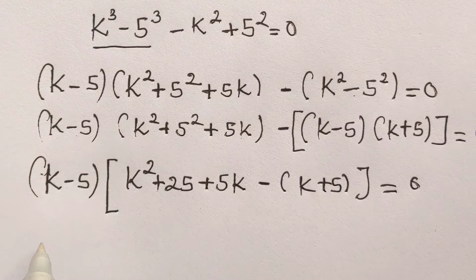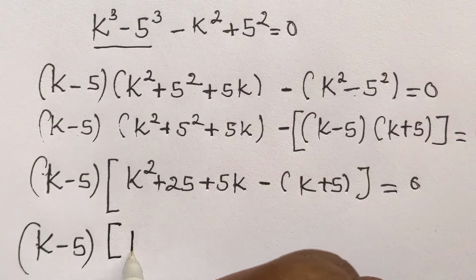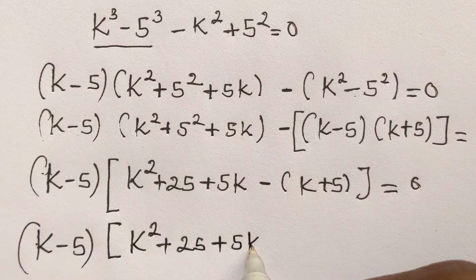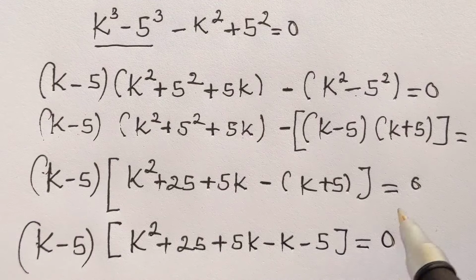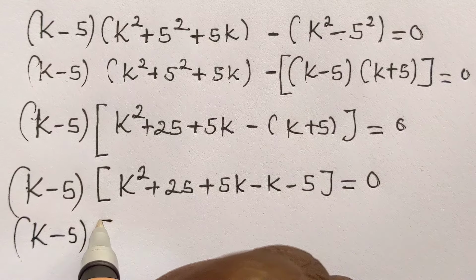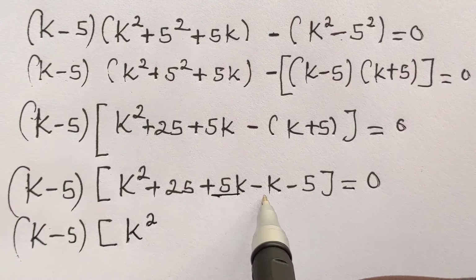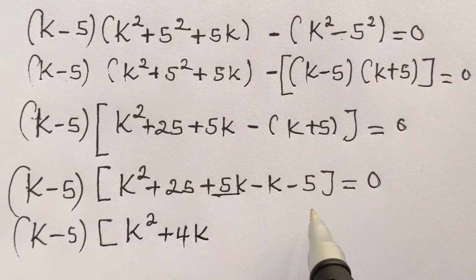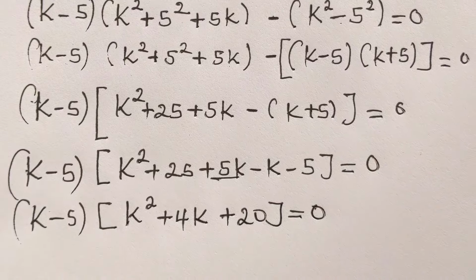At this stage we have k minus 5, then open bracket of k squared plus 25, then plus 5k minus k, then minus 5 equals 0. Here k minus 5, open bracket of k squared, and we have 5k minus k, we get plus 4k, and 25 minus 5 to get plus 20, which equals 0.